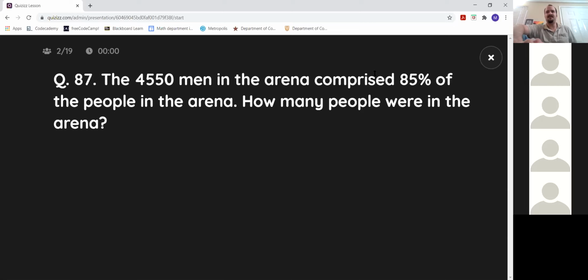So 85% of this thing is equal to this thing. Of means we're multiplying. If we're working backwards, we're doing the thing that's not multiplication.